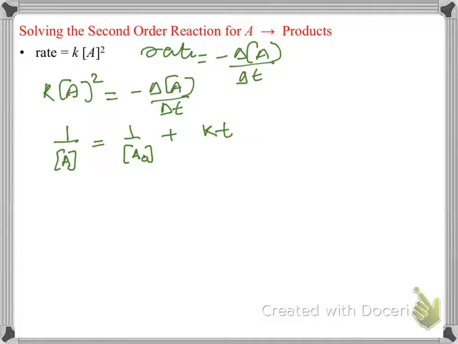Where A is the concentration at any time t, A naught means the initial concentration, K is the rate constant, and t is the time taken.